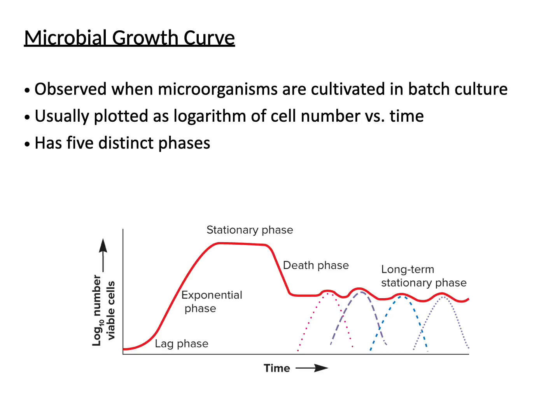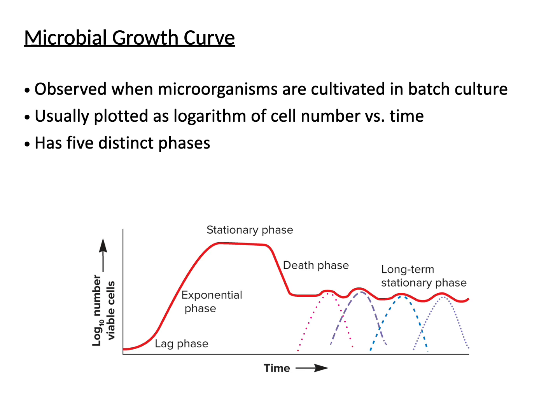When we look at microbial growth, we can put this onto a curve. So most microorganisms, when they're cultured in what we call a batch culture, so when you inoculate media with a species of bacteria or from a sample, what we can do is observe their population growth, so their increase in numbers.